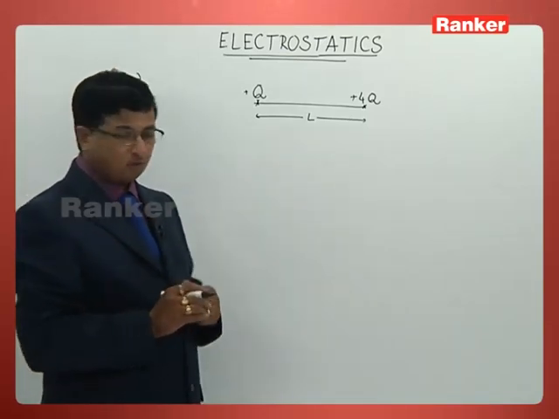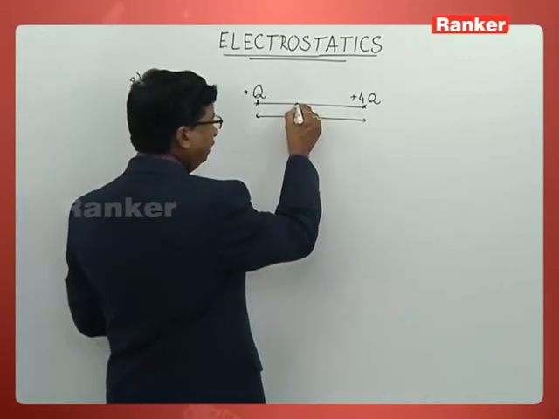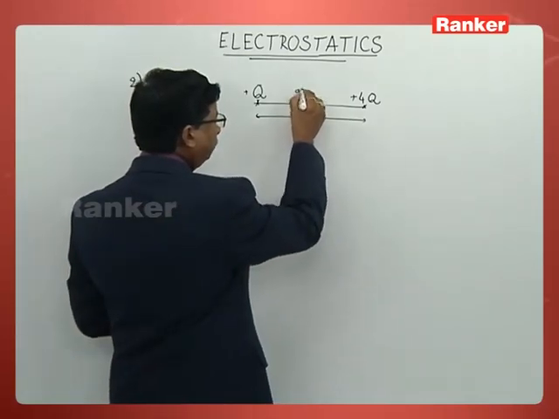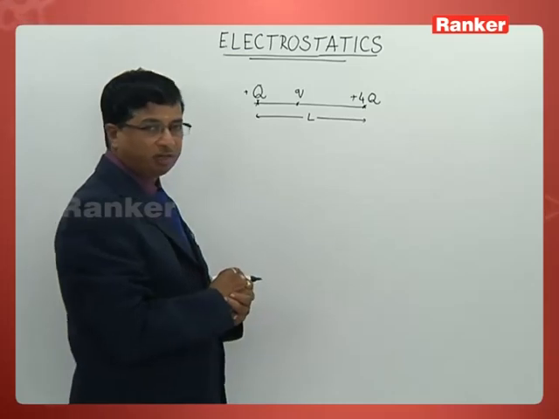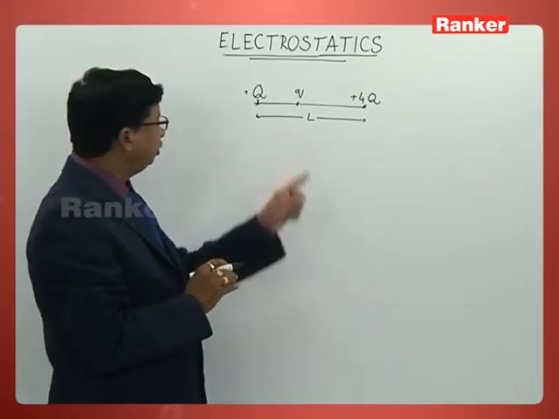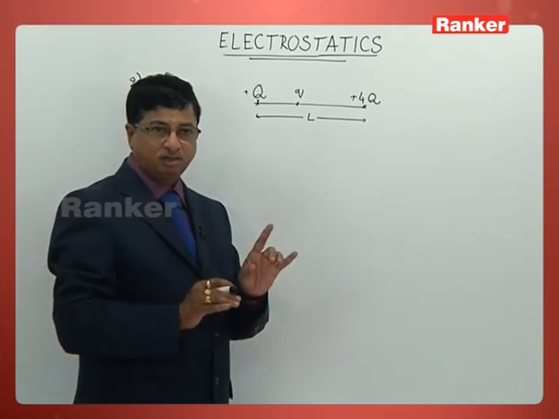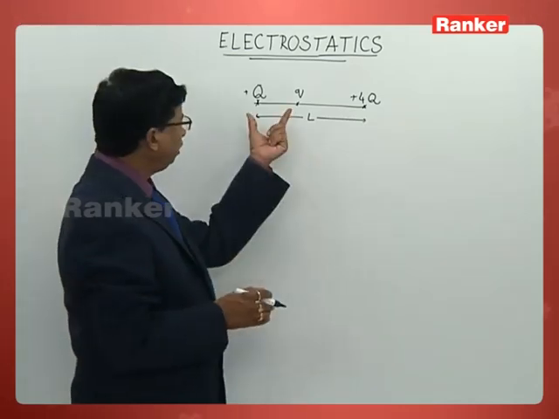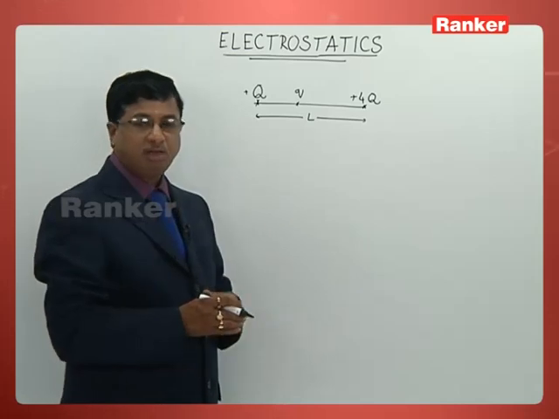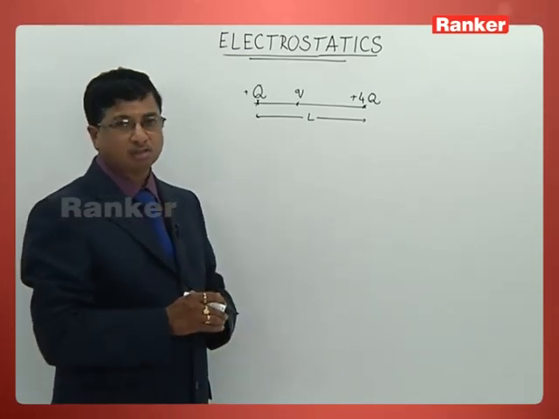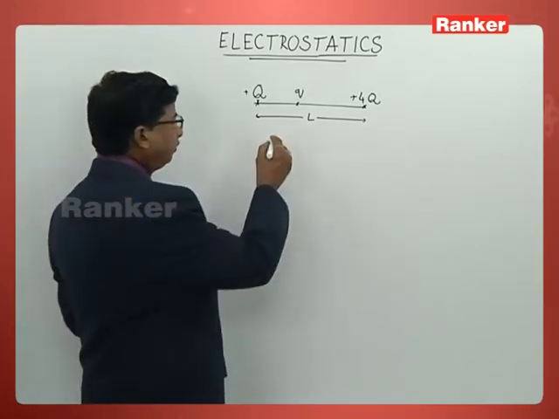So first and foremost, let us consider this is the charge we are keeping over there. That q value we have to calculate. One point is that. And secondly, at what distance that is to be placed, that also we want. So let us check this way first of all.